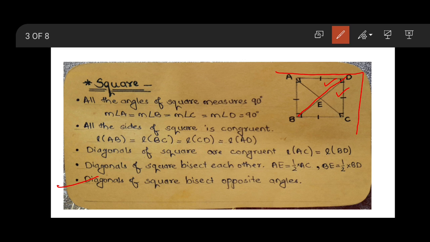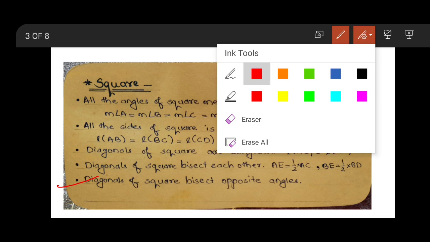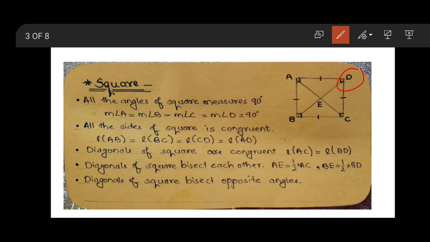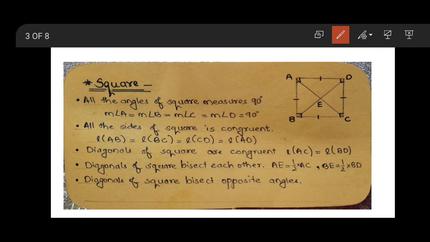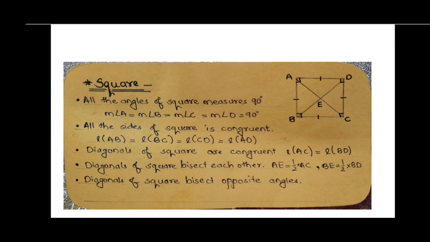As we studied, the angles of a square measure 90 degrees. Angle D is 90 degrees. After bisection, angle ADB will be 45 and angle CDB will be 45. So the diagonal of a square bisects opposite angles.